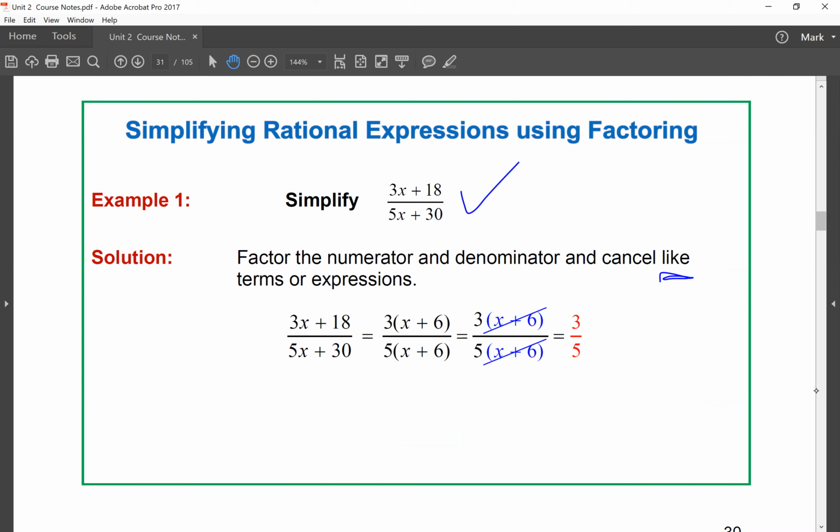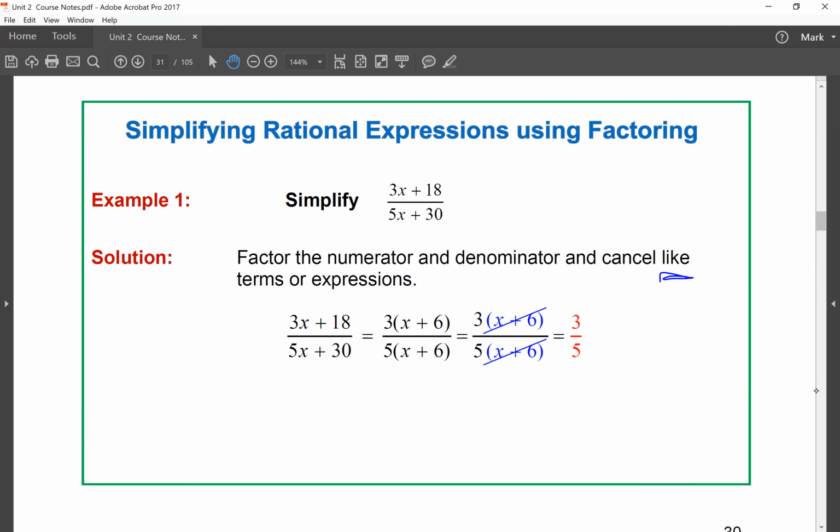I'm pretending this was a few weeks ago. There's really not much we could do. But now that we know how to factor, and we've looked at all types of factoring, six types or whatever it was, sometimes once you factor, you will find like terms. You're going to hear me say that a lot between now and next week.